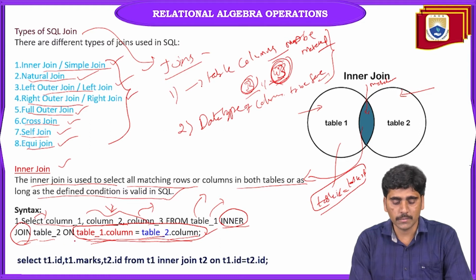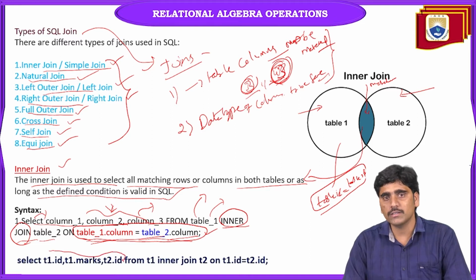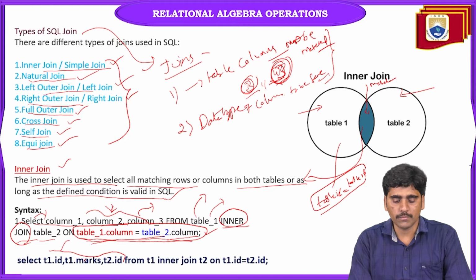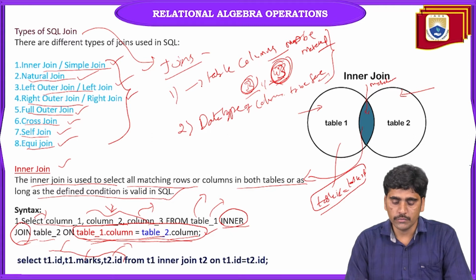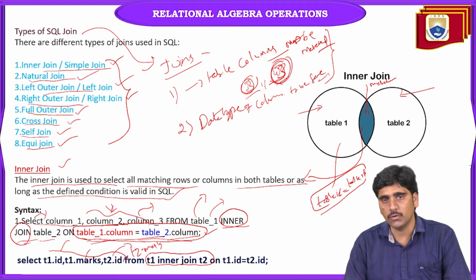See here the real-time example. Select t1.id, t1.marks from table 1, and t2.id from table 2. I just want to display t2.id, and if you want to retrieve the marks from the second table also, you can write t2.marks. From table 1, join type, table 2.